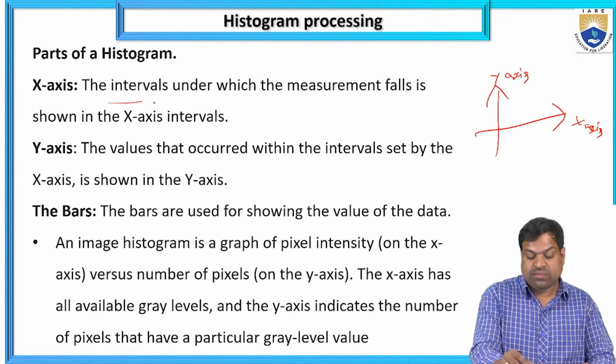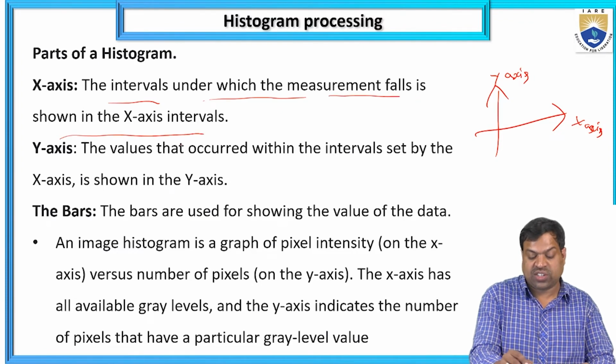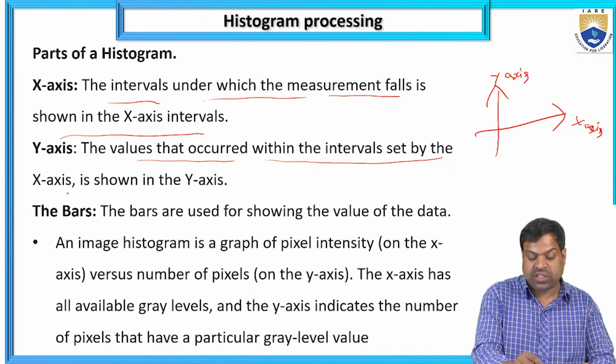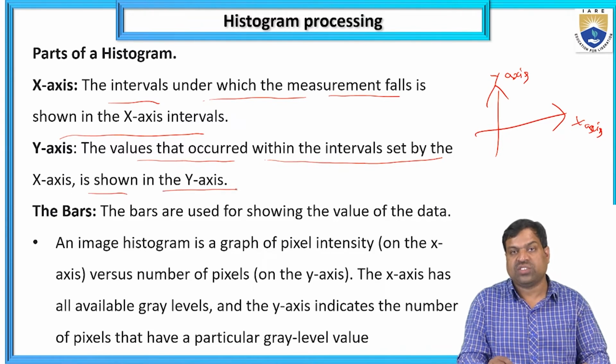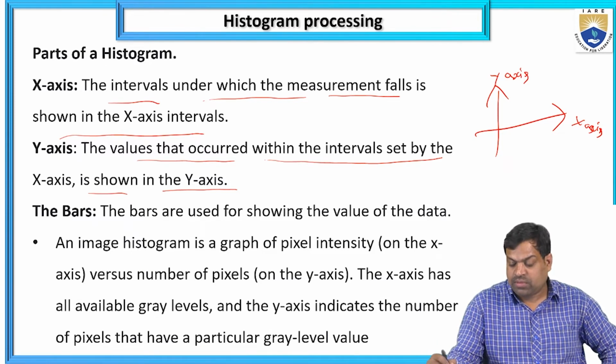On the x-axis, the intervals under which the measurement falls are shown. On the y-axis, the values that occur within the intervals set by the x-axis are shown. So here I'm taking two axes, x-axis and y-axis.